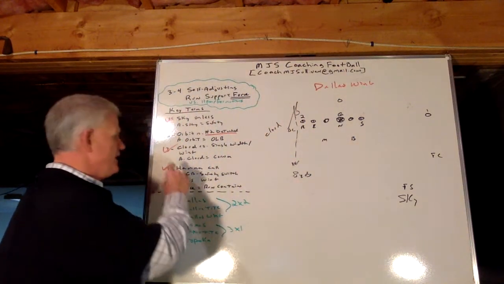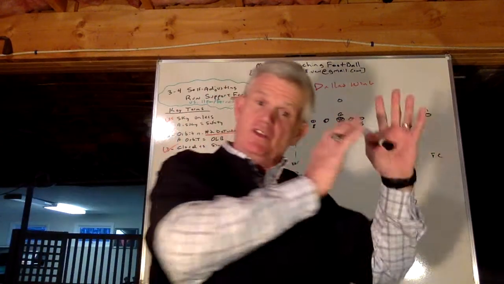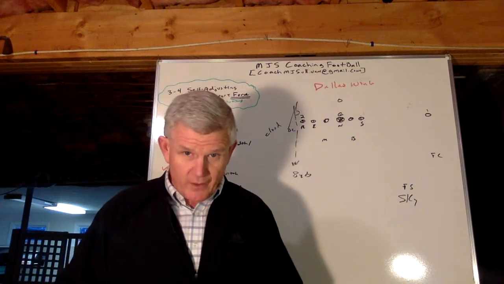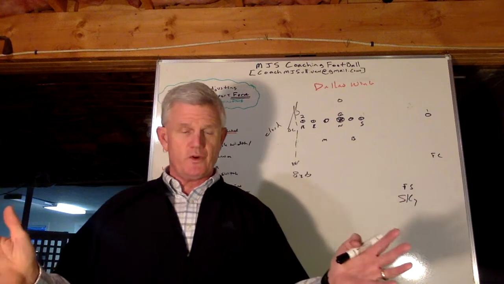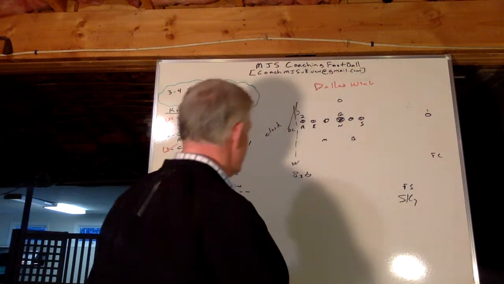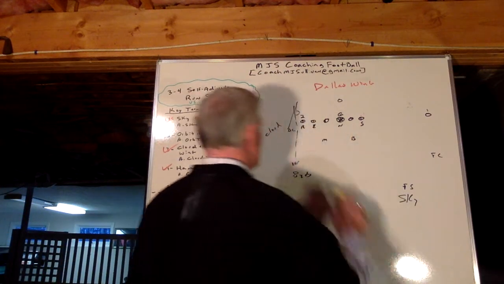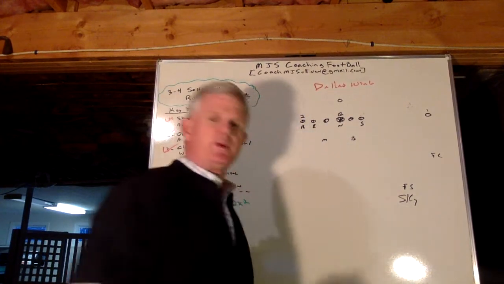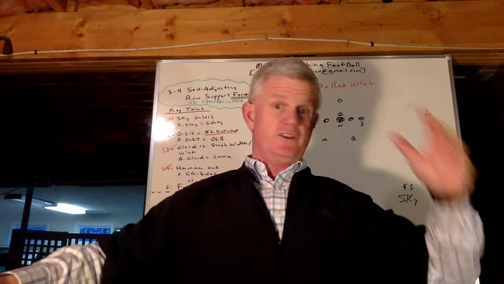So now I mentioned the hammer. I mentioned this is a formation where teams will give you 12 personnel and come out in this 11 formation, Dallas wing. Okay? So we signal our kids, we got the signals at 12, 12, 12. Kids are screaming 12.